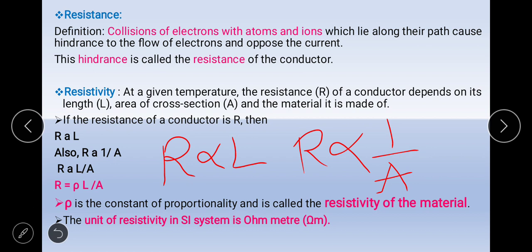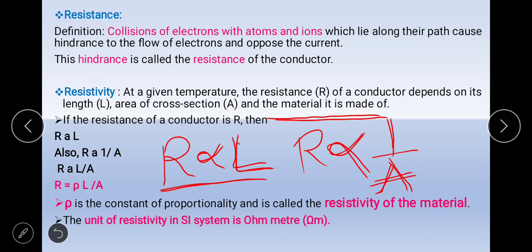And as the length of the conductor increases, the resistance will increase. So it depends upon the length, it is inversely proportional to the cross sectional area, and it depends upon the material it is made up of.